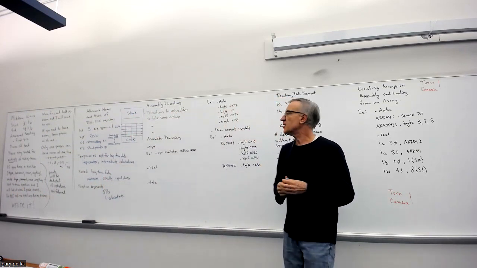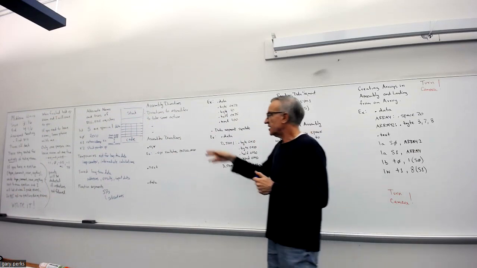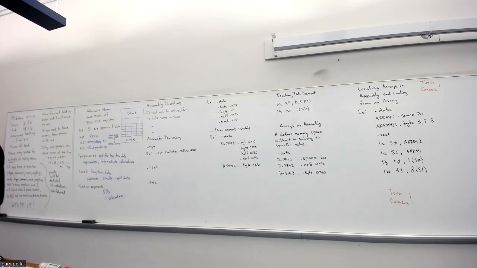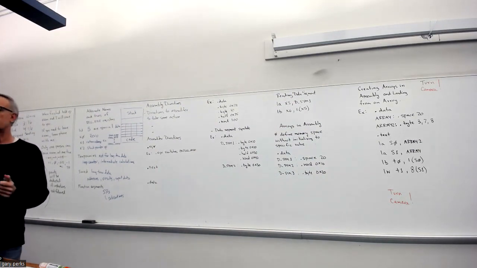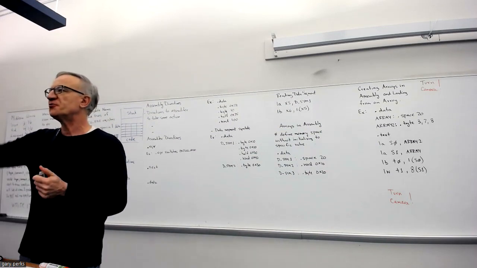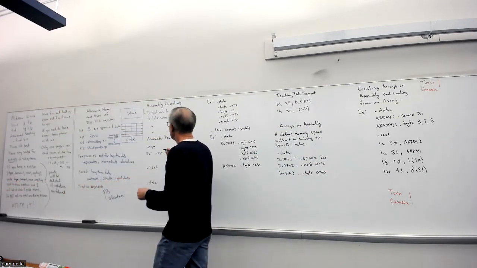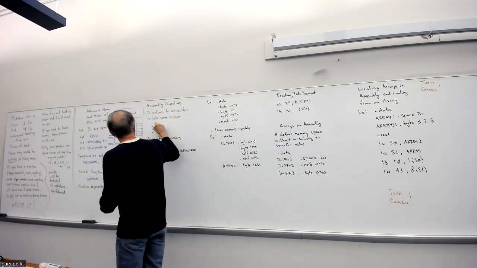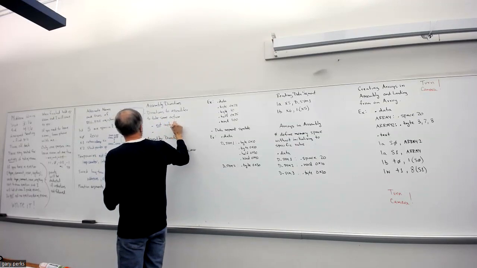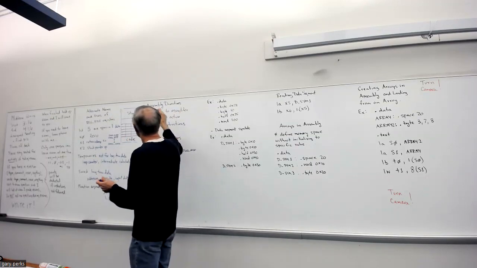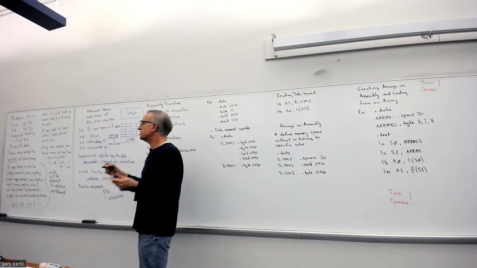Okay, so let's talk about assembly directives. As I have written, assembly directives are like instructions to the assembler to take some action. So this occurs before the program is run. And these directives are not instructions. Because they're not instructions, directives are not converted to machine code.